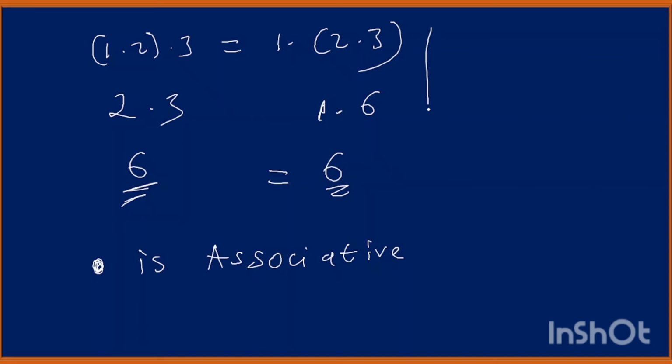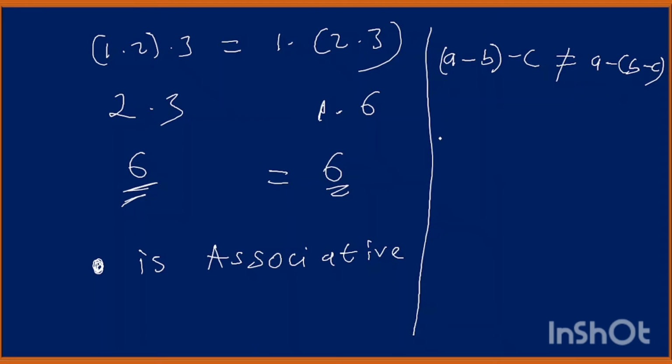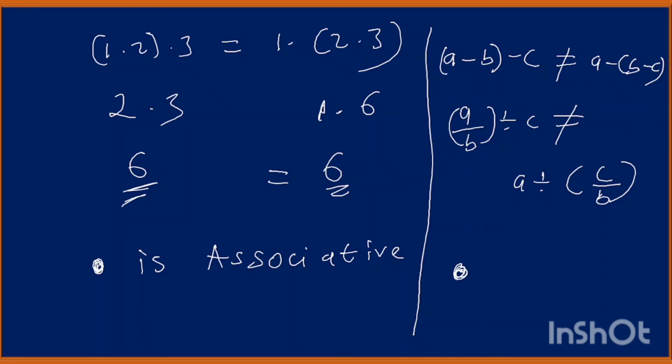Because if we try to see for subtraction, A minus B minus C is not equal to A minus B minus C, no. If you also check for division, A divided by B then divided by C is not equal to A divided by C divided by B. So it is only with multiplication and what? Addition. That is what is associative.